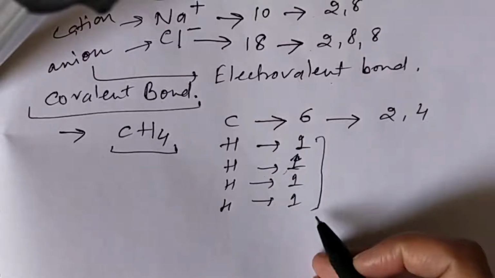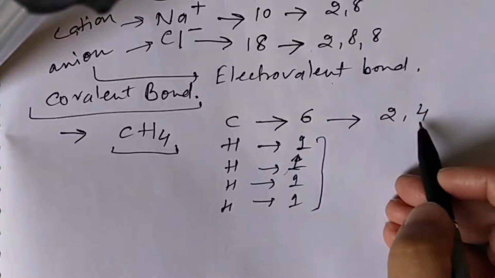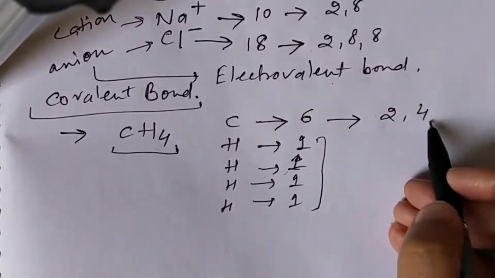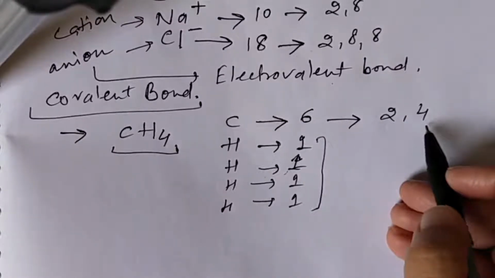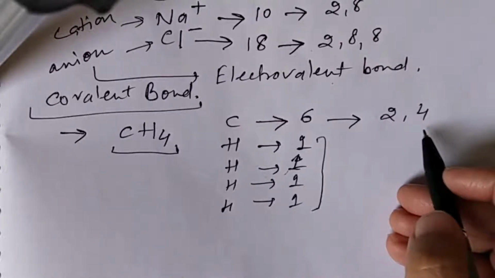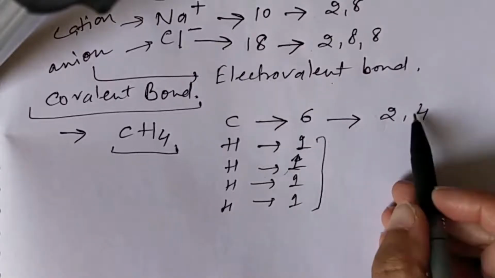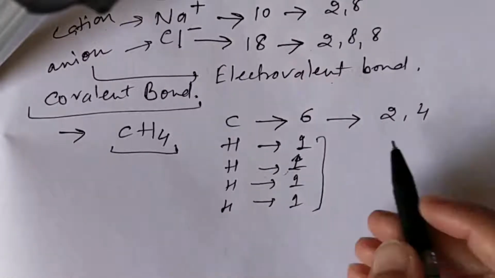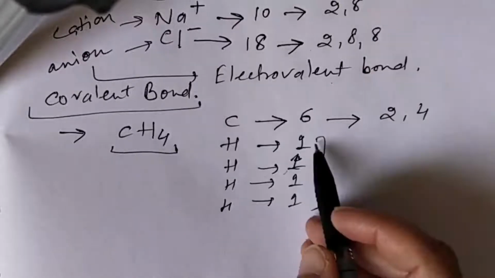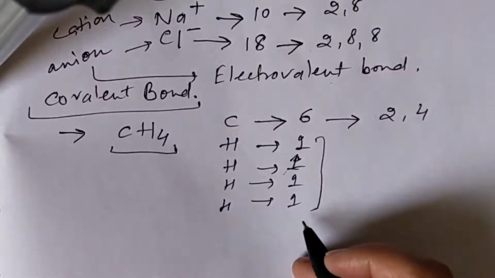Because if it tries to gain or lose these 4 electrons, it will require a high amount of energy. So to avoid this high requirement of energy, it will try to share its 4 electrons with the 4 hydrogen atoms respectively to complete its octet.